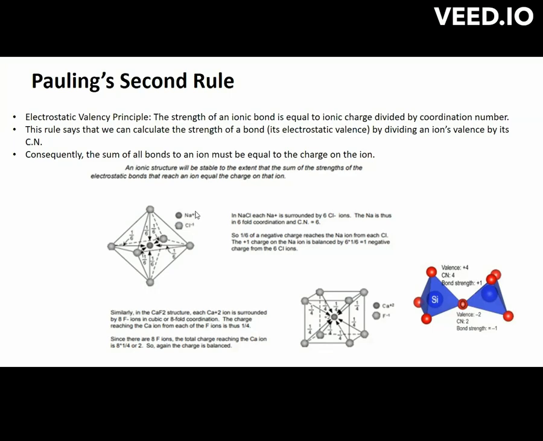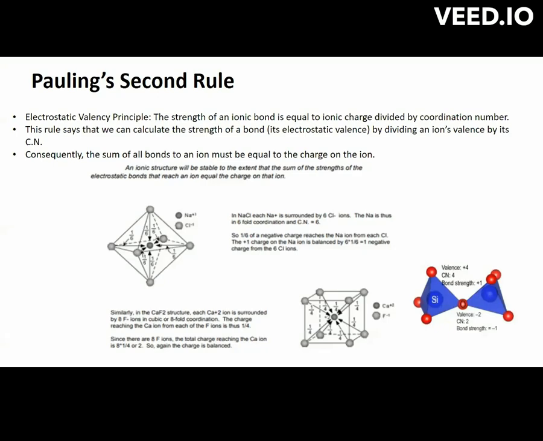The valence is 1, and we divide by the coordination number 6. This tells us the charges approaching the cation: for this chlorine, 1/6; for this one, 1/6; for this one, 1/6; for that one, 1/6. But these charges are not balanced yet. The +1 charge on the sodium ion is balanced by a -1, but this is actually 1/6, so it's no longer balanced.